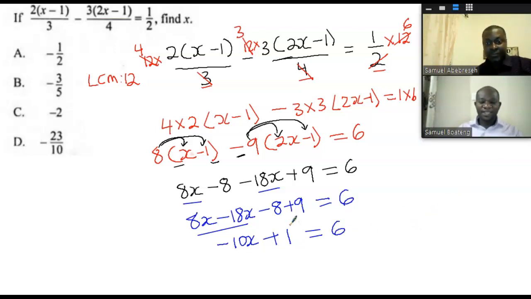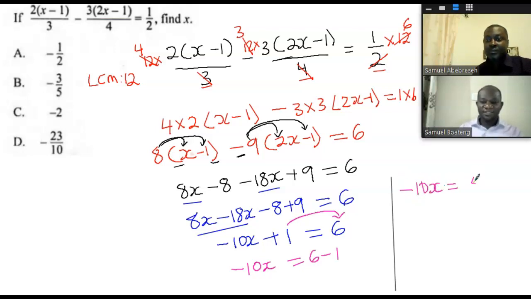Since we want to find x, we send 1 to the right-hand side of the equal sign. So minus 10x equal to 6 minus 1. Minus 10x is equal to 5.